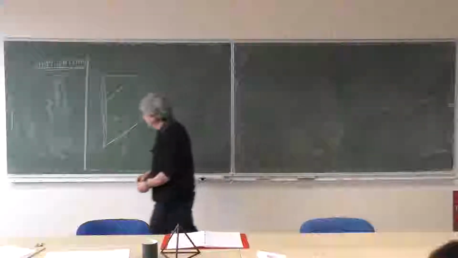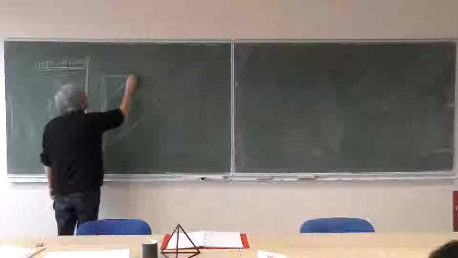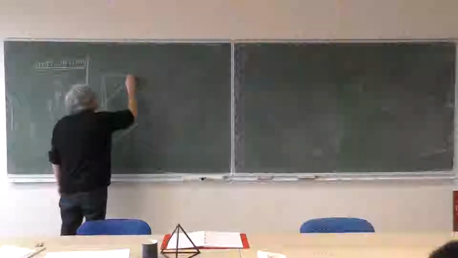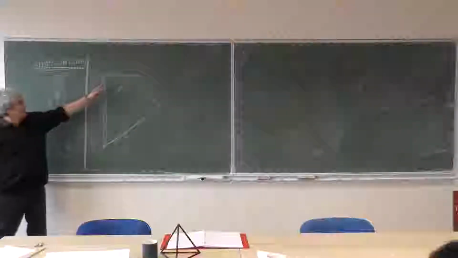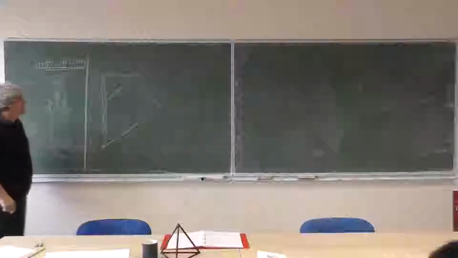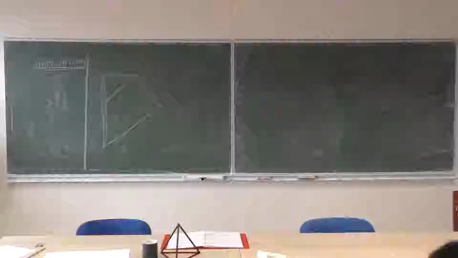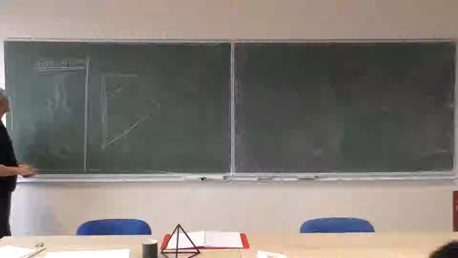So region A, where we don't know, is this one. And region B, where we don't know, is this one. It's a distant future. So we don't know what happened falling into the singularity, which means that we need quantum gravity to go there.